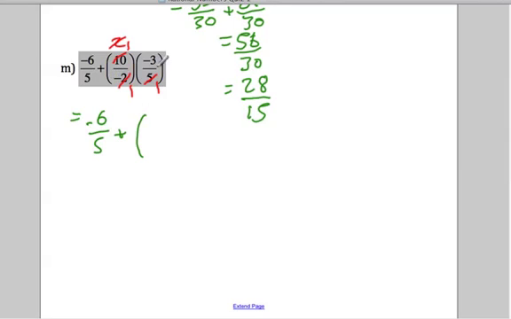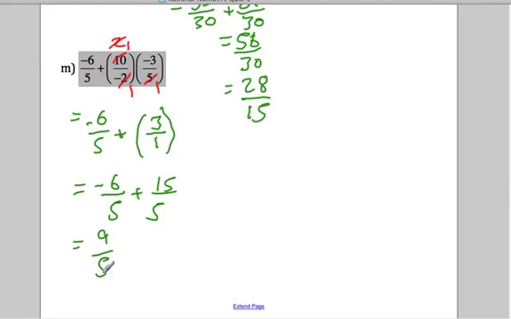So we have a negative times a negative, so the answer is going to be a positive, and it's going to be 3 over 1, or 3. So we have to find a common denominator, which is going to be 5. So negative 6 over 5 plus 15 over 5 is equal to 9 over 5. Negative 6 plus 15 is 9.